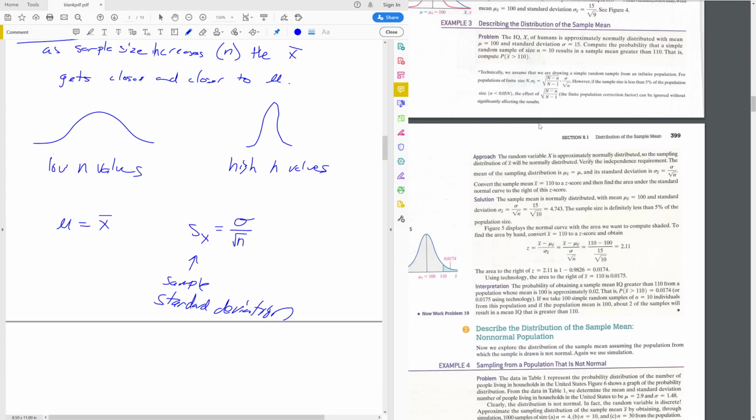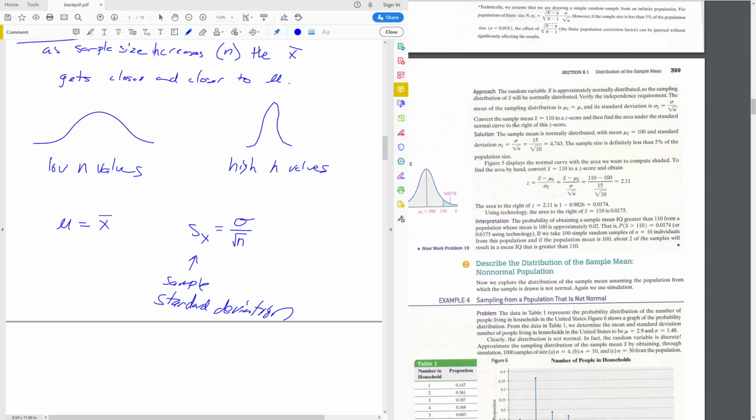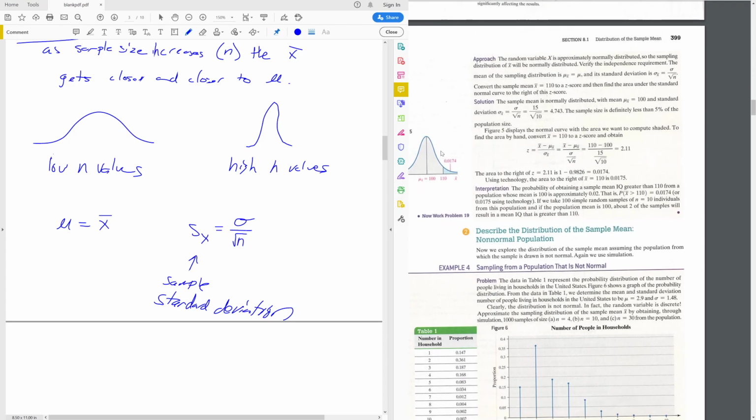So the idea here is that because it's a normal distribution, we can use the same calculator methods that we used in Chapter 7 for the normal distribution. So we're going to be using normal CDF and inverse norm. So it's pretty much the exact same thing. The main difference with the sample is this. Okay, that's the main difference.